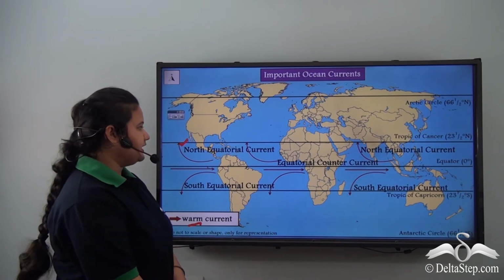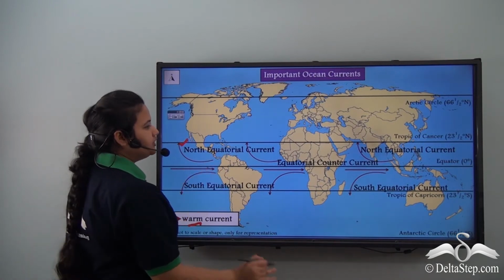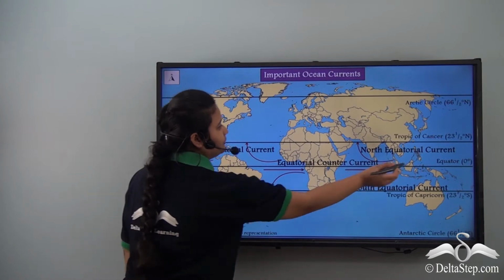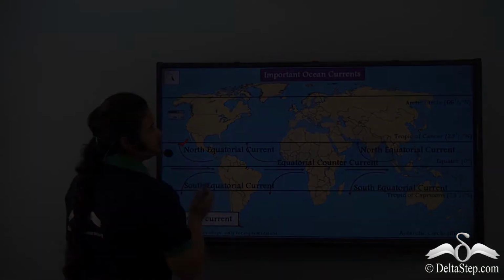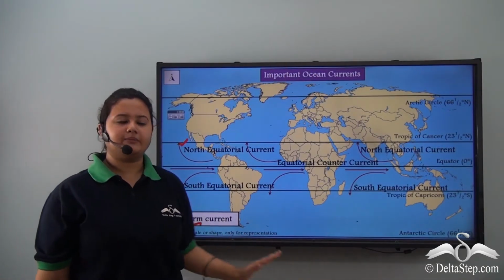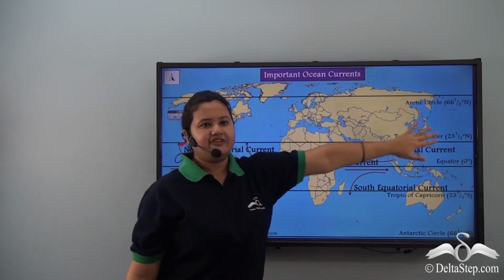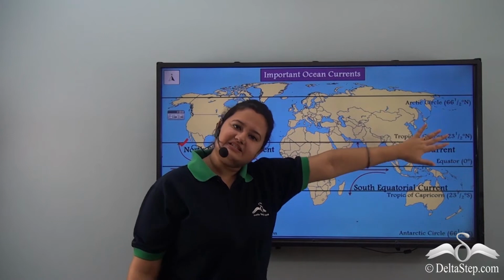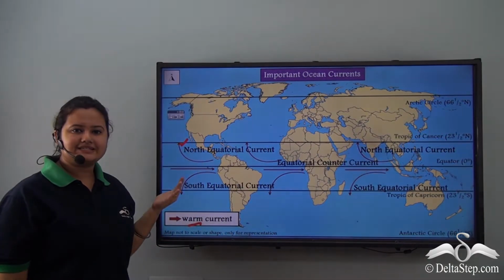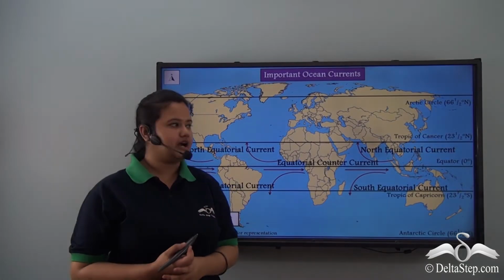As you can see in the image, the north equatorial current flows from east to west. Now if we look at the world map, and we divide this into two halves, the left side represents the eastern half while the right side represents the western half.